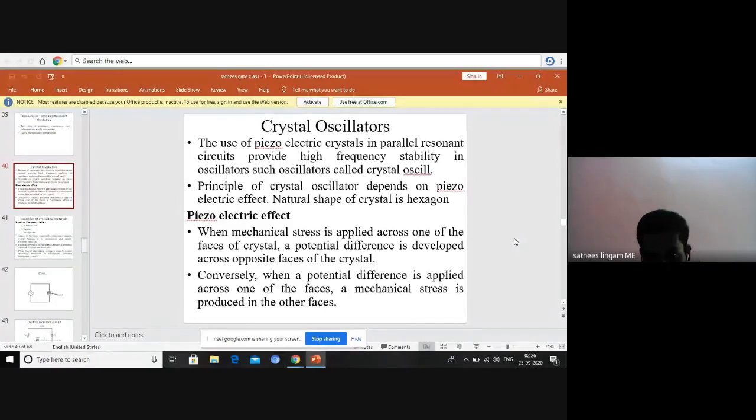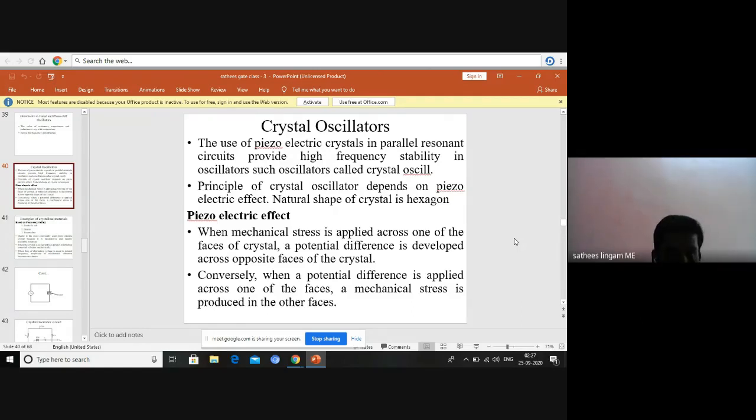Normally the crystal is in the shape of a hexagon. The piezoelectric effect means that when mechanical stress is applied on the faces of the crystal, a potential difference is developed across the opposite face.